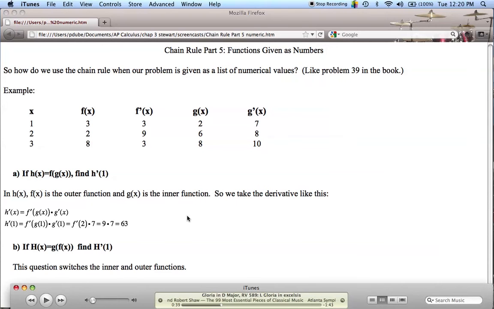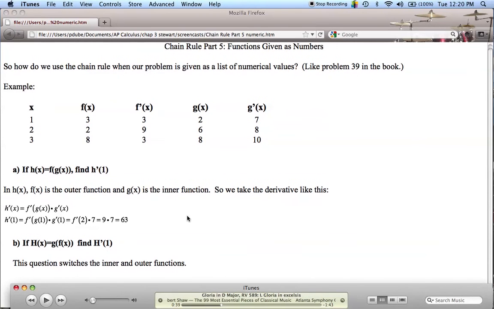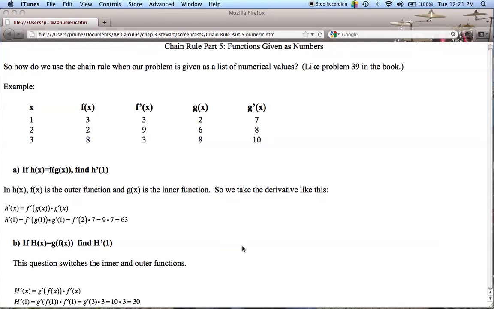Now what if they're reversed? What if g is on the outside? We've identified a new function, capital h of x, and that's g of f of x. In order to find h prime of 1, I have to switch what I'm doing. The question switches the inner and outer functions.